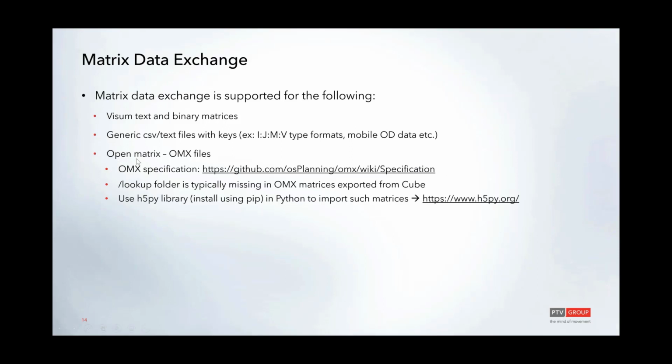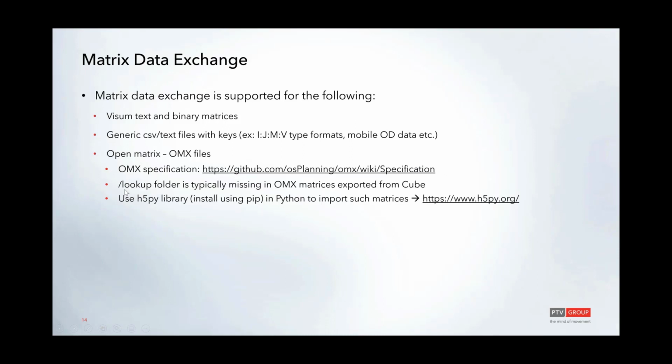We also support this open matrix format with OMX files, which you might have if you have activity-based models and such. Over here in the specification for the OMX files, you have to have two tables in the OMX file. One is the data folder, and then the other one's the lookup folder.